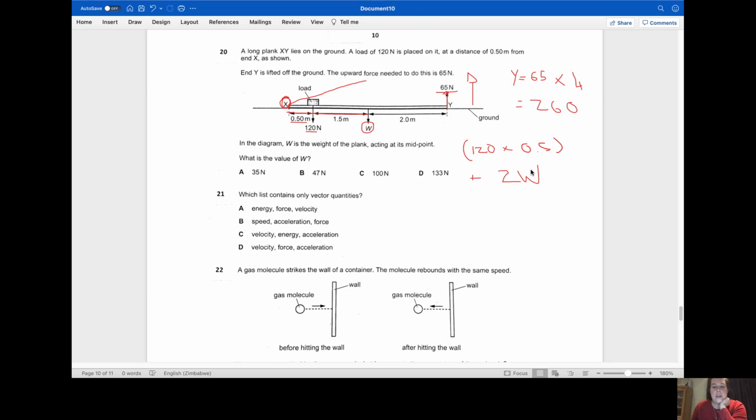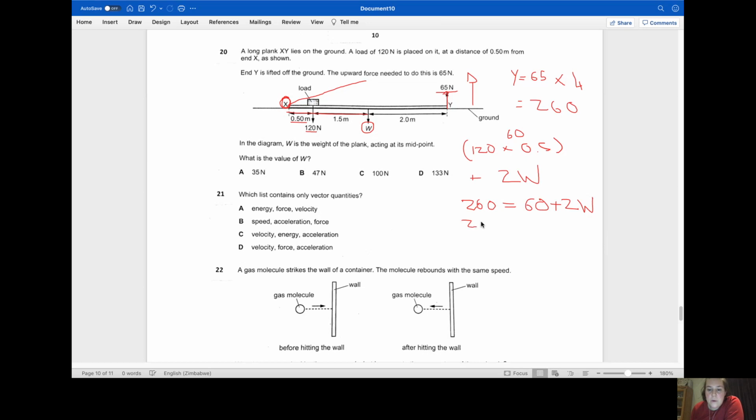When you work all of that out, this works out as 60 plus 2W. So now our moment of Y, which we worked out as 260, equals these two moments going down, which is 60 plus 2W.